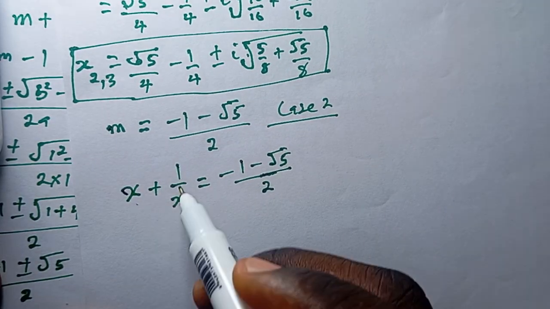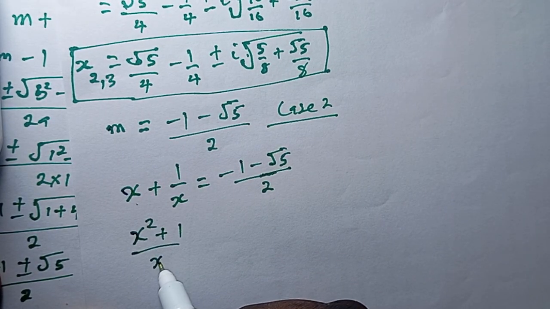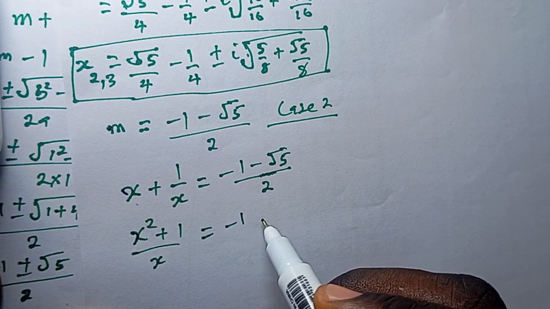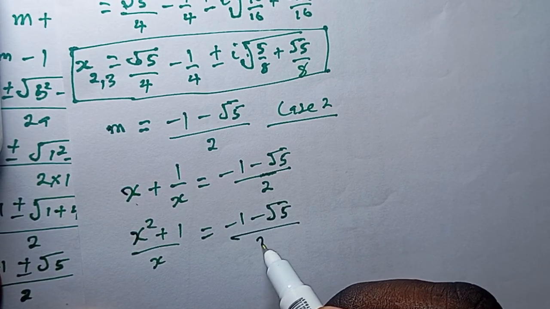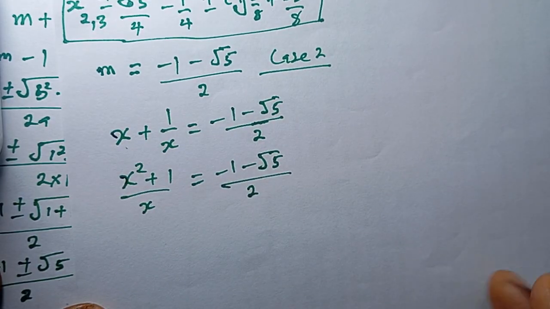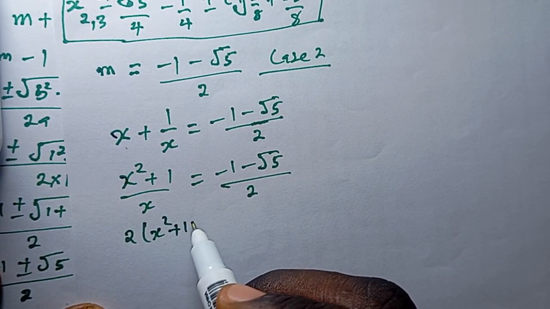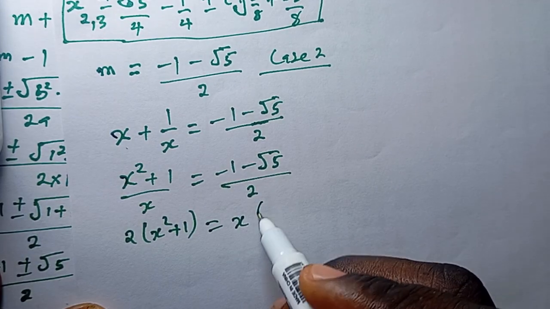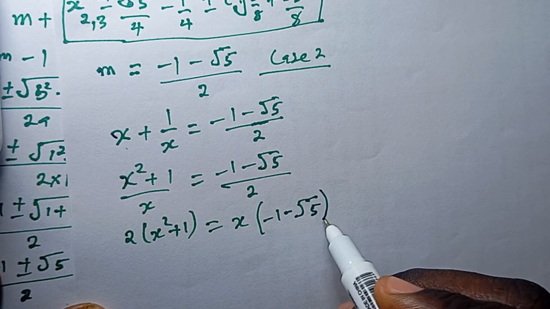Okay, so when you simplify this, you'll be having (x squared plus 1) divided by x is equal to (-1 minus root 5), all of this divided by 2. So multiplying 2 into x squared plus 1 is equal to x into (-1 minus root 5).